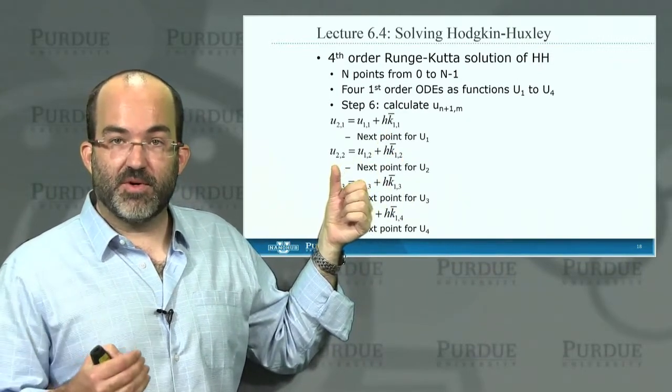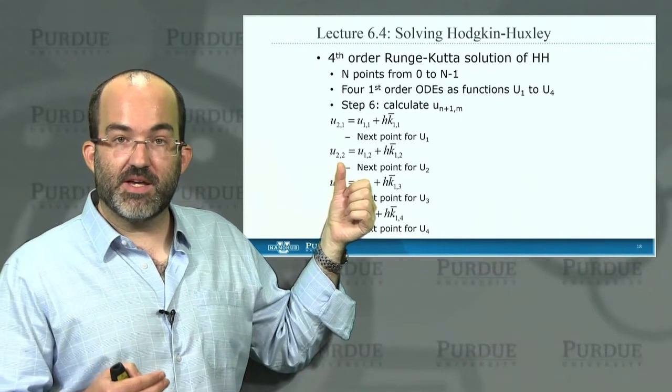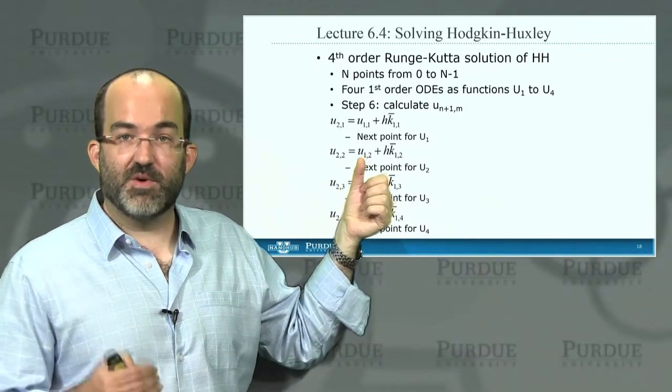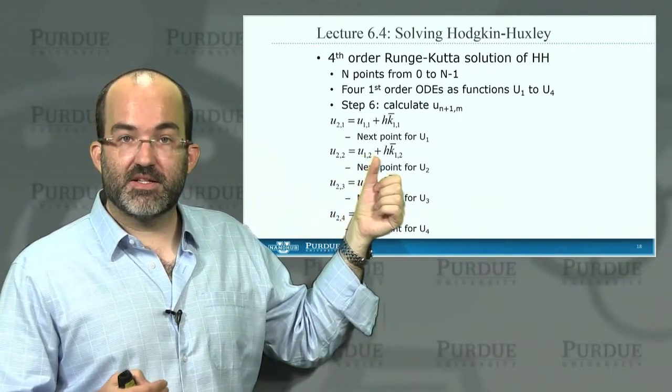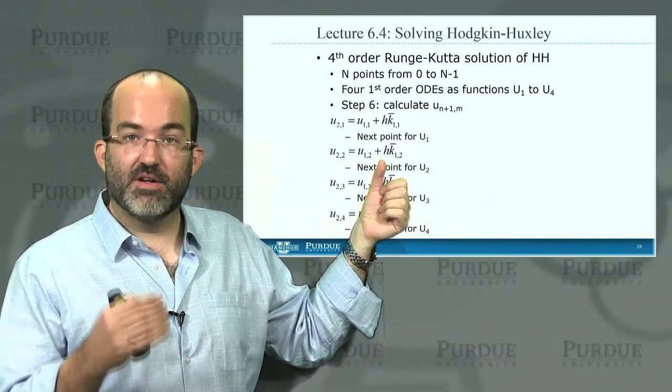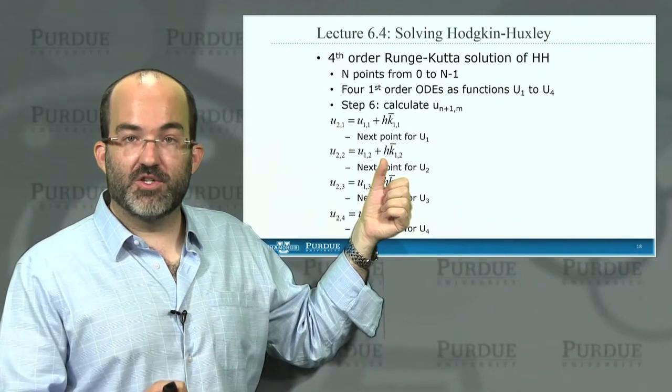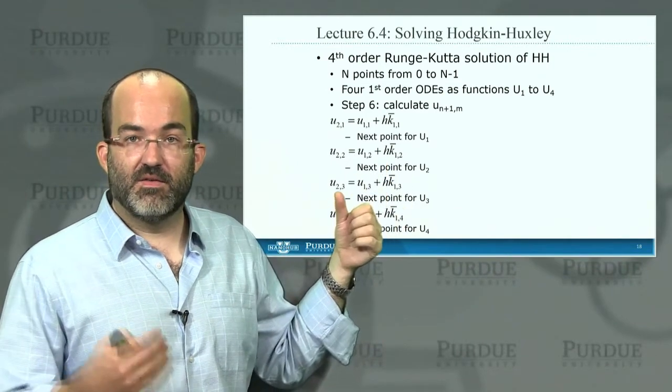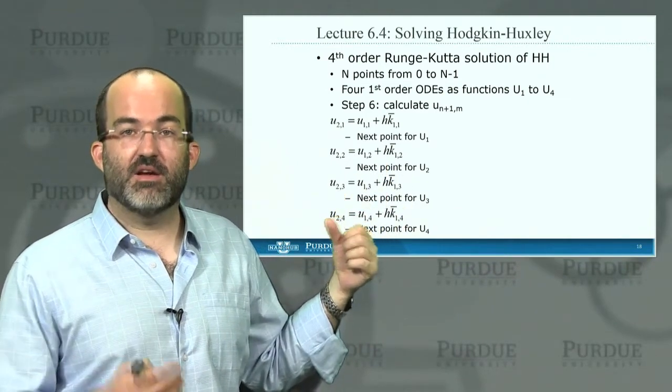U22, the second point for the second equation, is going to be equal to U12, the first point for the second equation, plus h times the average slope for the first point for the second equation, K12 bar. And the same thing for U3, and the same thing for U4.